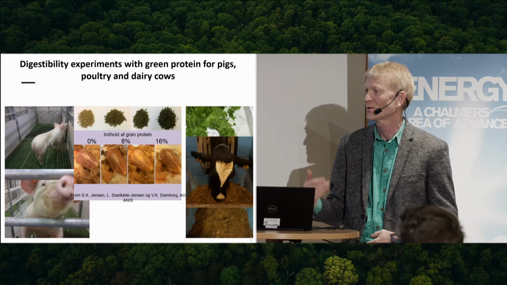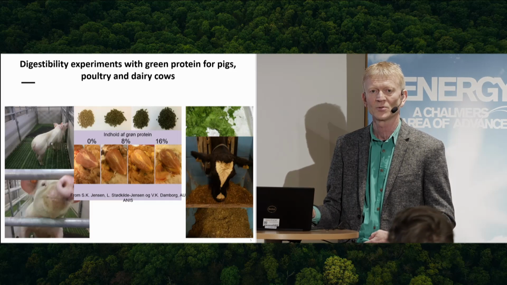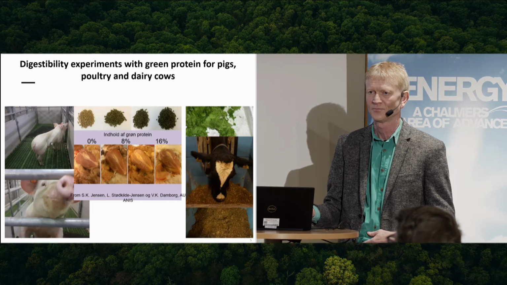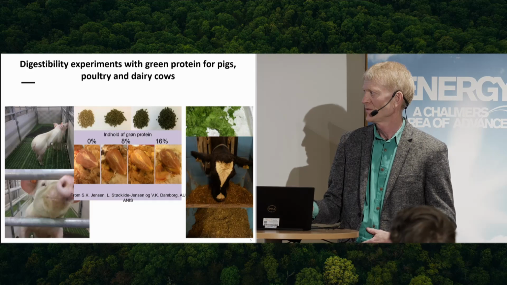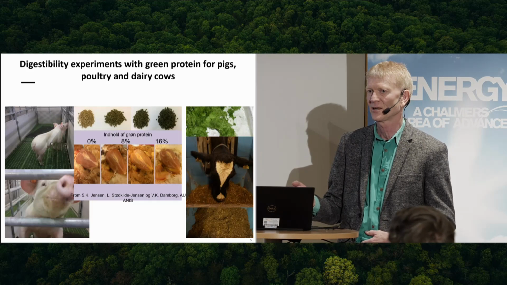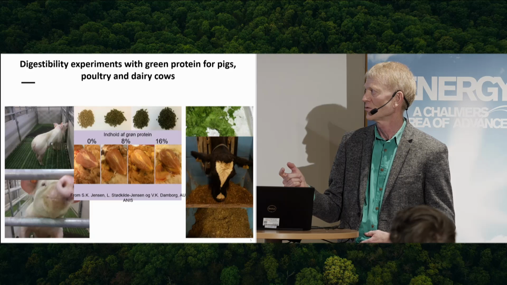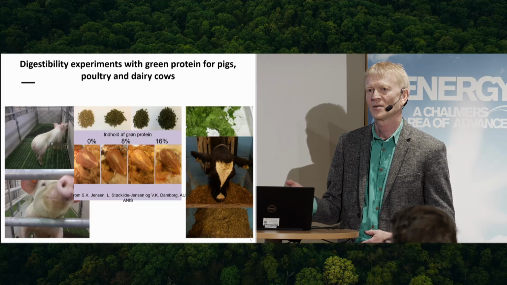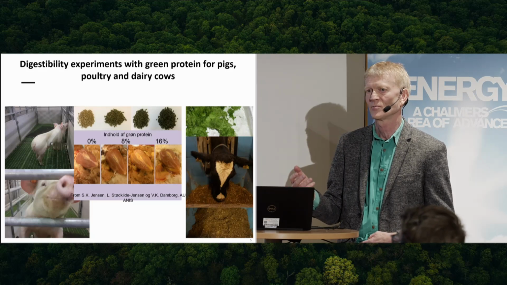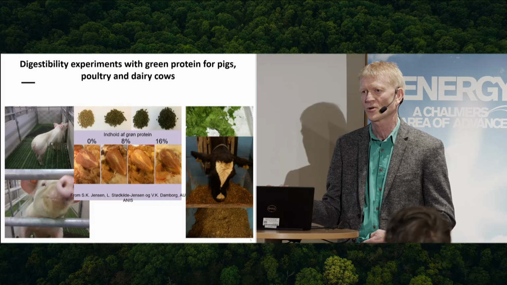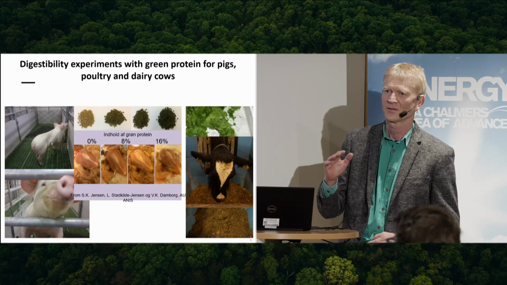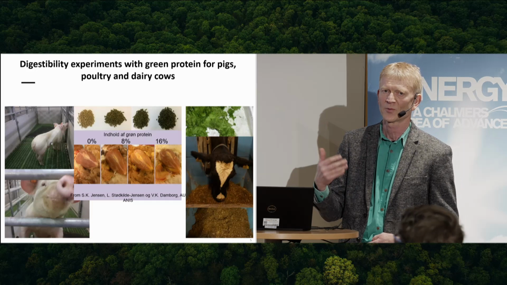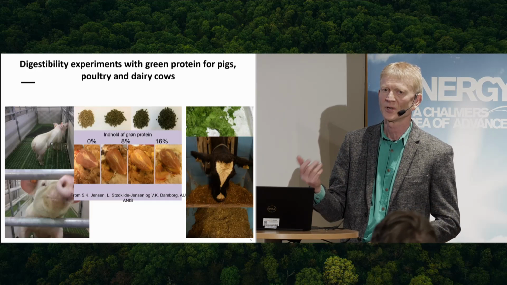And now with the high content of protein this year, with 50% protein in the product, it's competitive to soy. We've just finalized a full-scale feeding trial with growing finisher pigs, and there was no difference in productivity between those fed with soy and those fed the whole protein ration with green protein.